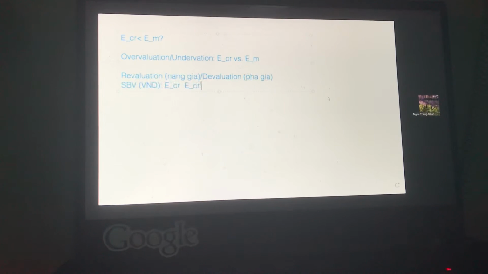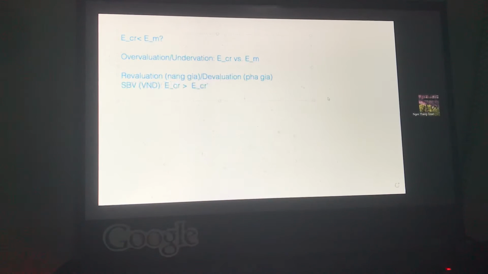Revaluation means the new one is lower. If the new central rate is less than the previous central rate, we say that the State Bank of Vietnam revalues the Vietnamese đồng.